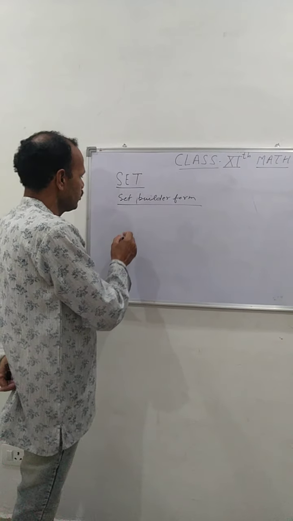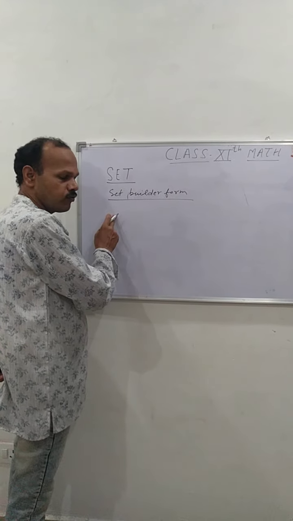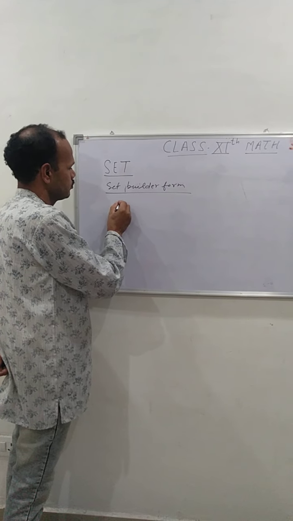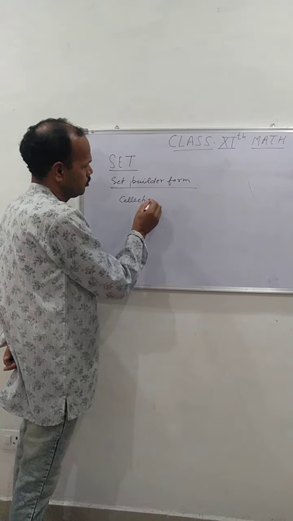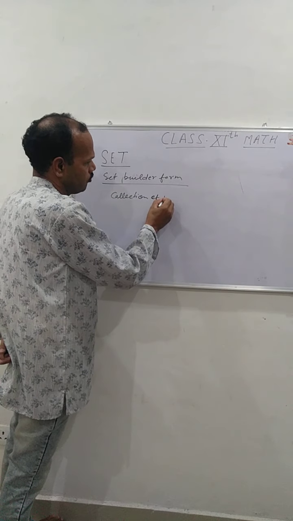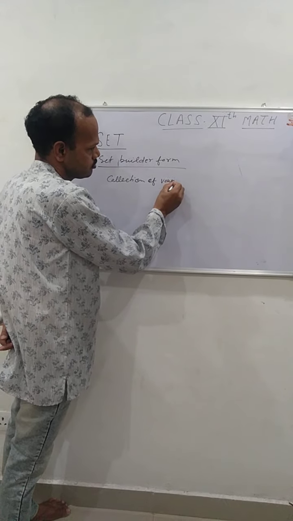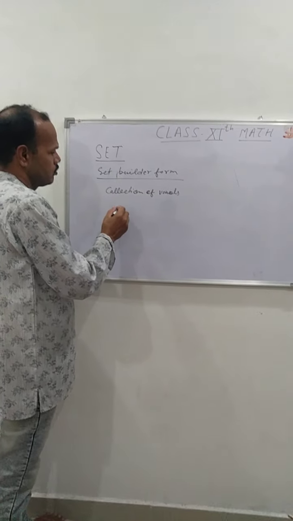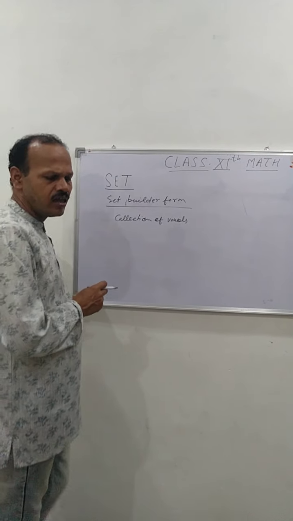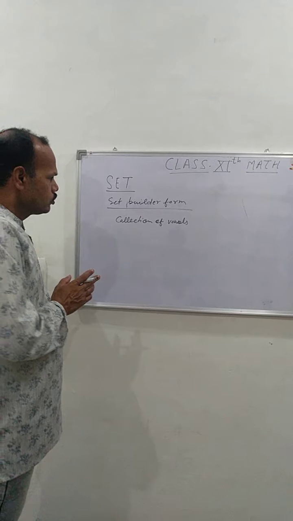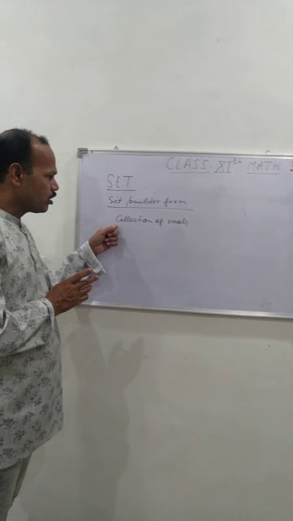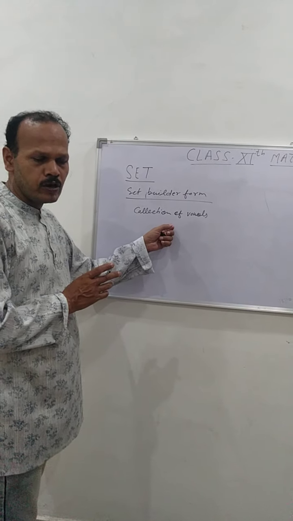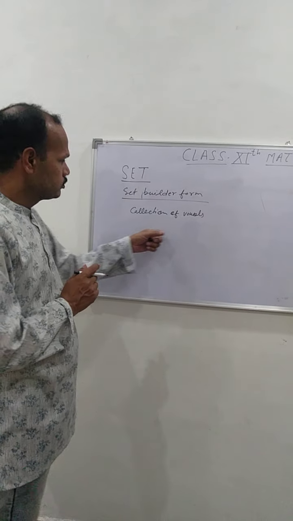For example, a collection of vowels, which is A, E, I, O and U. So here the specific property or specific nature of the elements is that they are vowels that belong to the English alphabet.